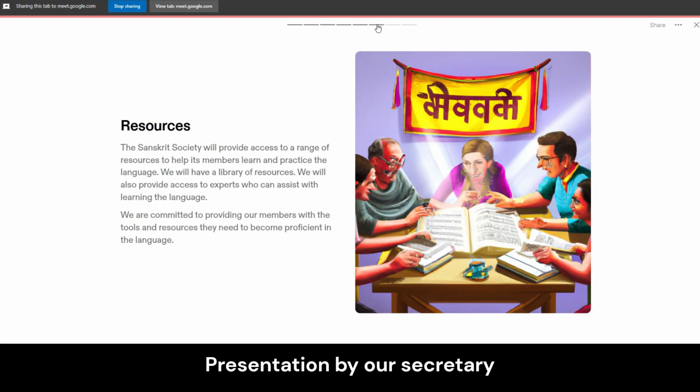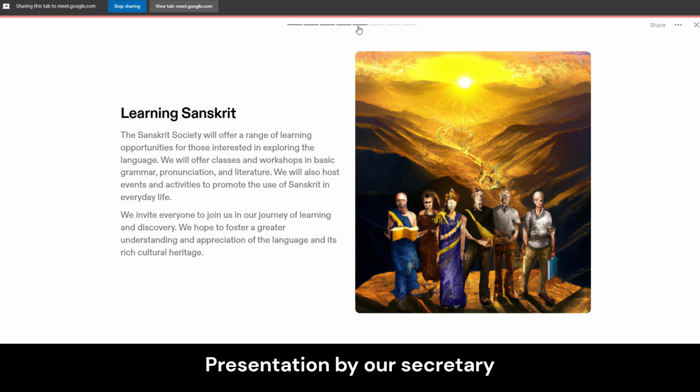So on this auspicious evening, we invite you to join this and explore the language of Sanskrit, explore its structure and appreciate its value.